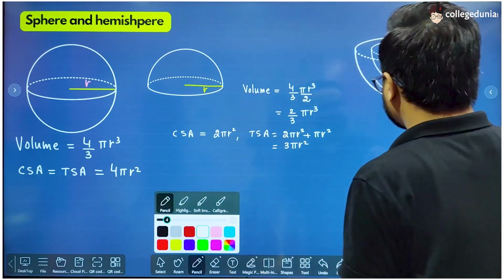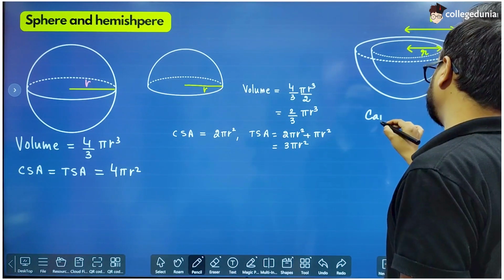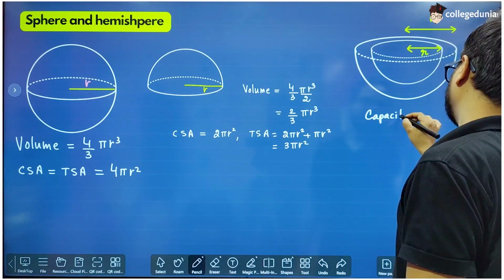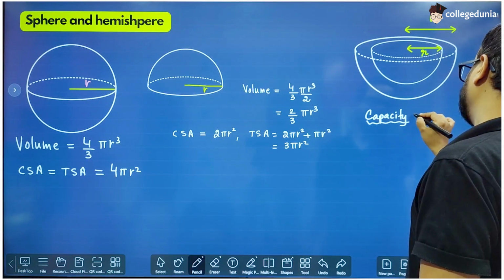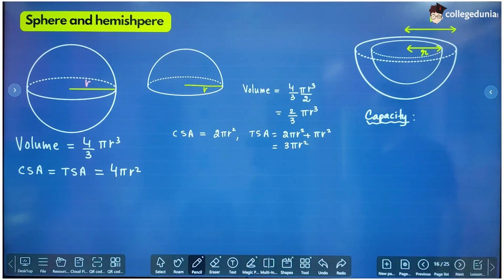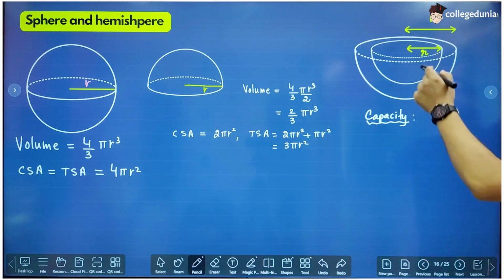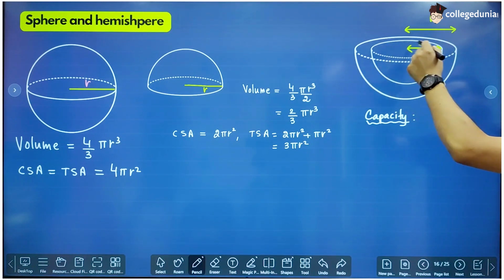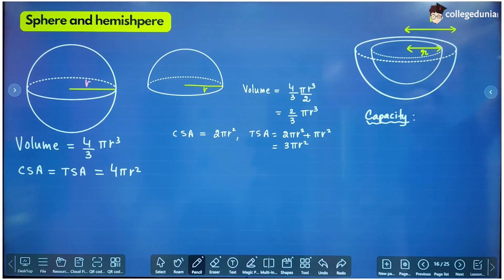Now what is the capacity? Capacity is the amount of substance that any vessel can hold. This particular part is hollow, then obviously something that will be poured in this hemispherical bowl, like water or any other liquid, will have a volume equal to the volume of the inner part only, because here we have the material of which the hemispherical bowl is made up of.